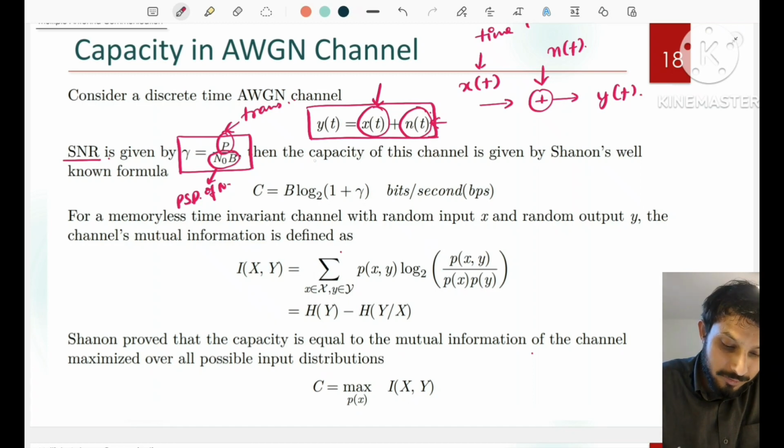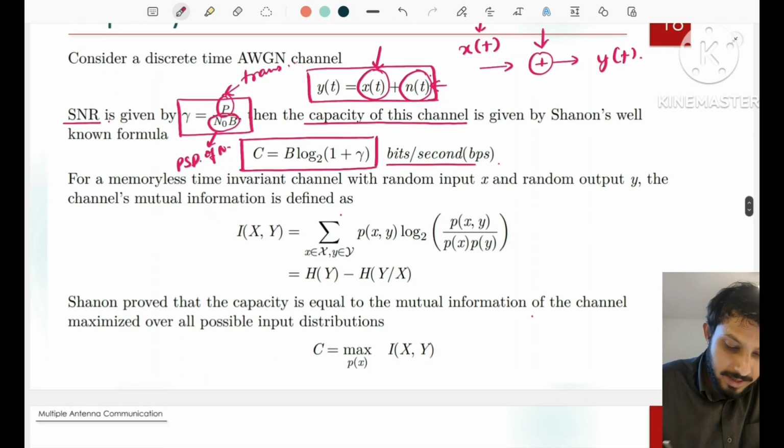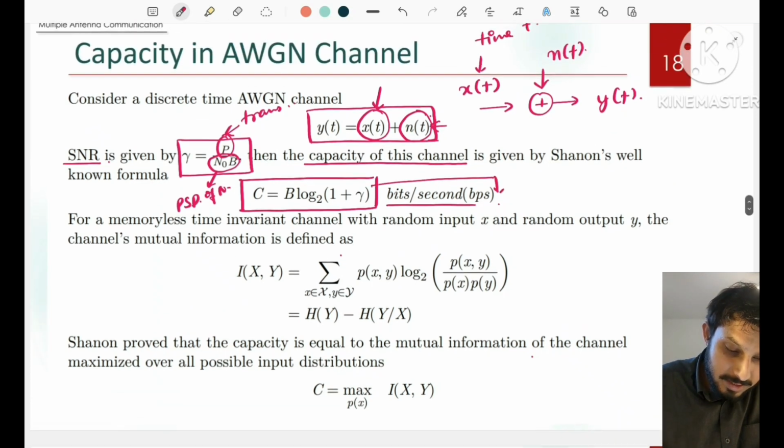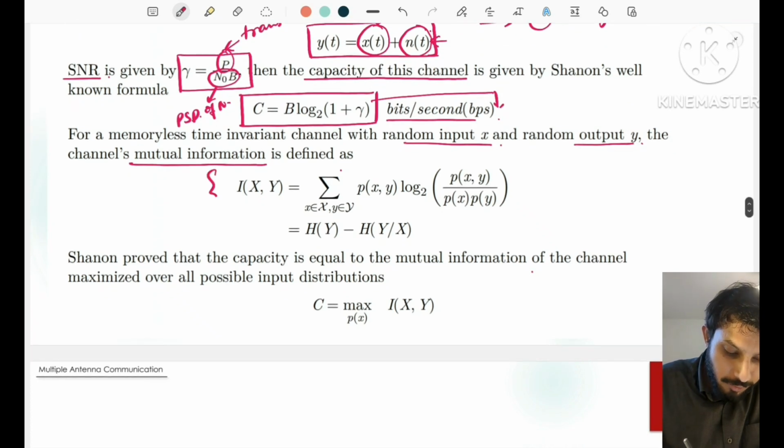Then the capacity of this kind of channel, that is AWGN channel, is given by the Shannon formula. C is equal to B log2 of 1 plus gamma in bits per second. And this capacity for the time invariant AWGN channel depends on the mutual information between the random input X and random output Y. And this mutual information, what is this expression?